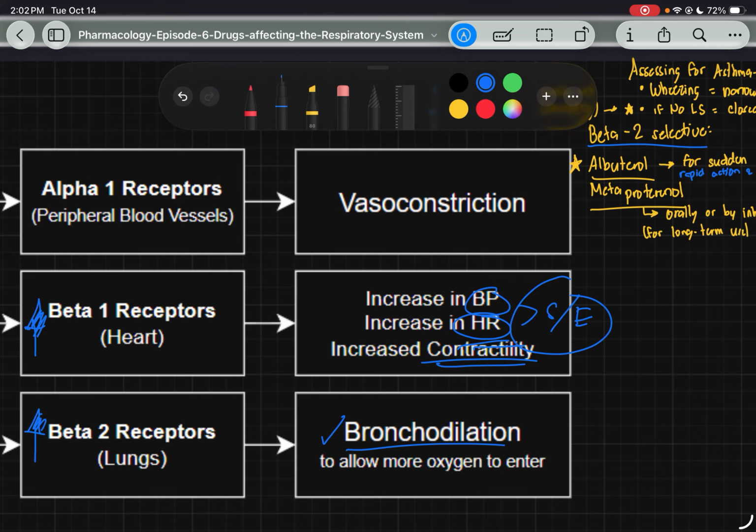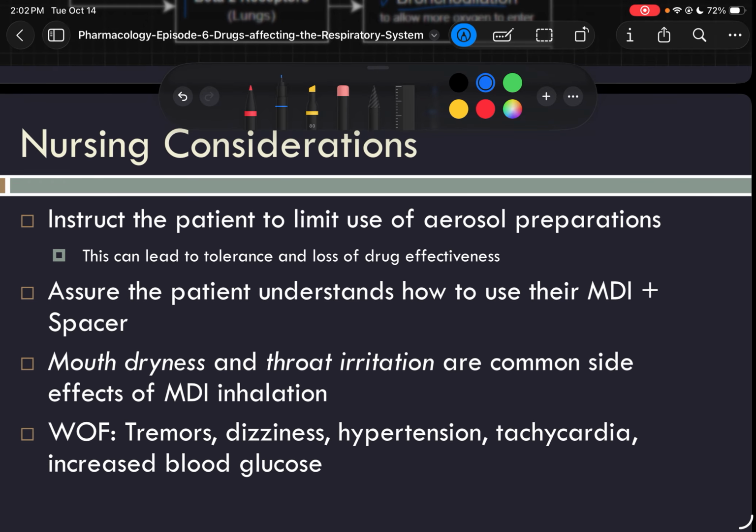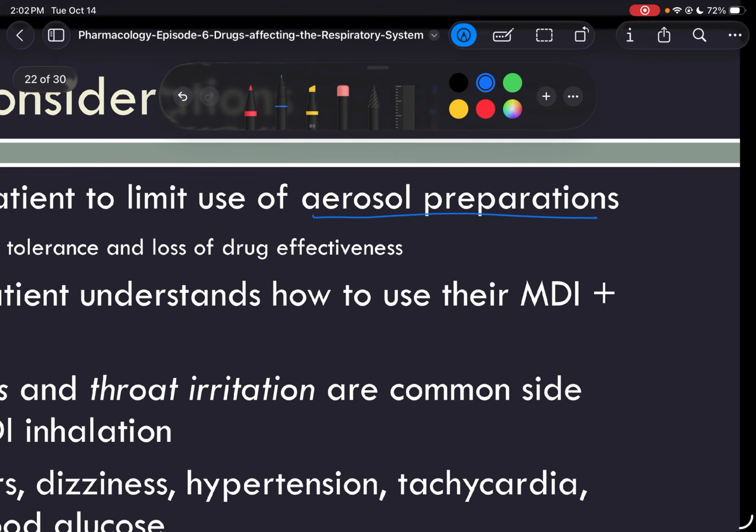So what do we need to consider when it comes to this? Instruct the patient to limit the use of aerosol preparations. The reason is that this can lead to tolerance and loss of drug effectiveness.